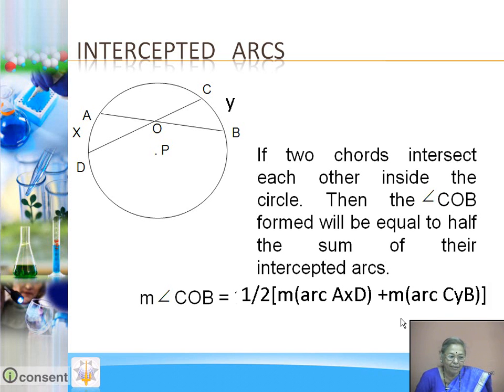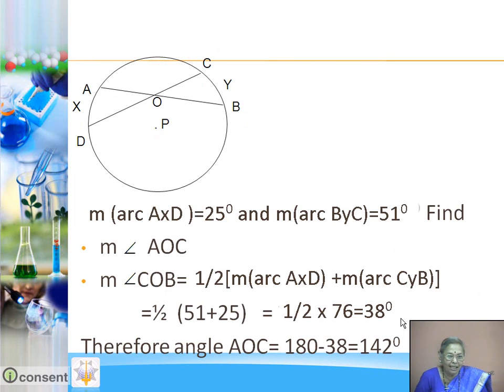The example is this. If the measure of arc BYC is 51 and measure of AXD is 25, find out the angle AOC. मुलांनो, AOC कोन काढण्यासाठी कोणत्या कोनाचं माप काढावं लागेल? विचार करा. कोन BOC चं माप काढावं लागेल.